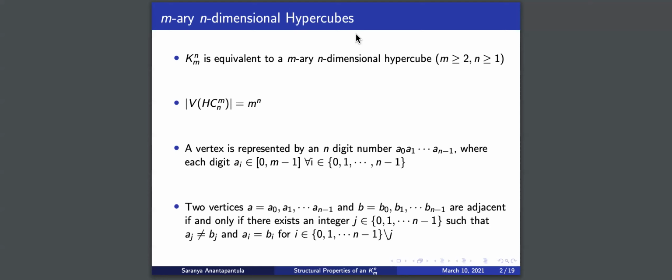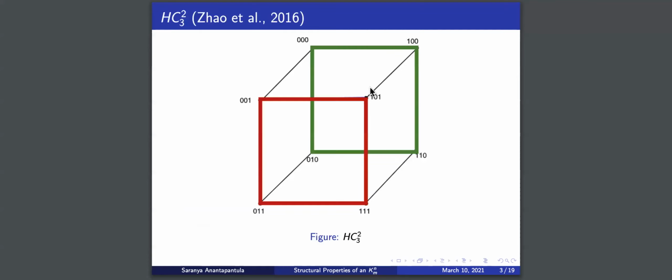We call each digit in the vertex an element. So each digit, Ai, is a number in the range 0 to m-1. Now, two vertices are only adjacent when one element in the two vertices is different, and all the other elements are the same. So this is an example of a hypercube.